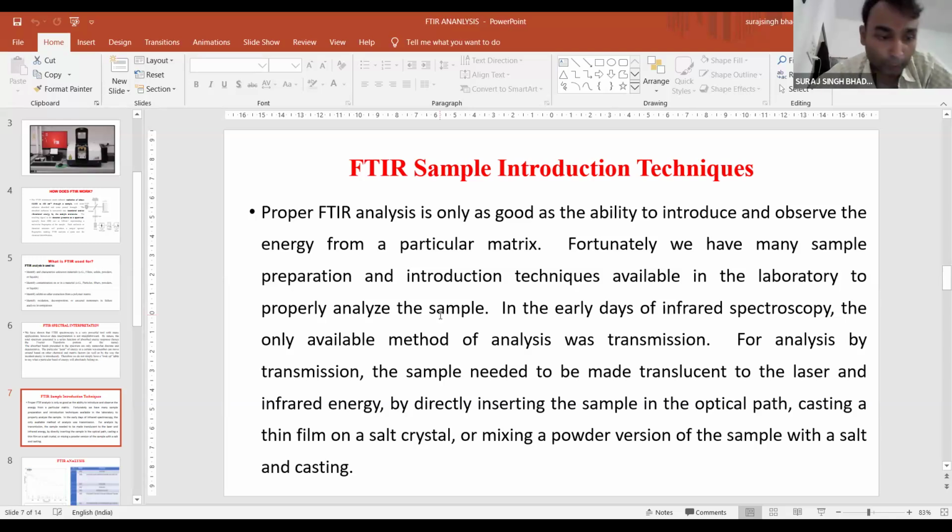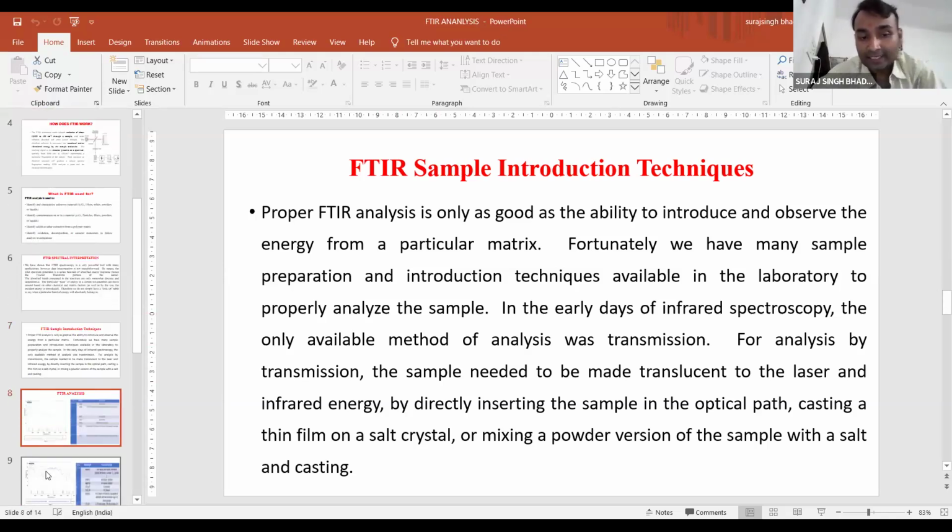So your sample should be raw, pure, and free from any type of adulteration. If your sample has n number of impurities, or is a mixture of different compounds, ultimately you are not going to determine these functional groups at different intensity and different levels.